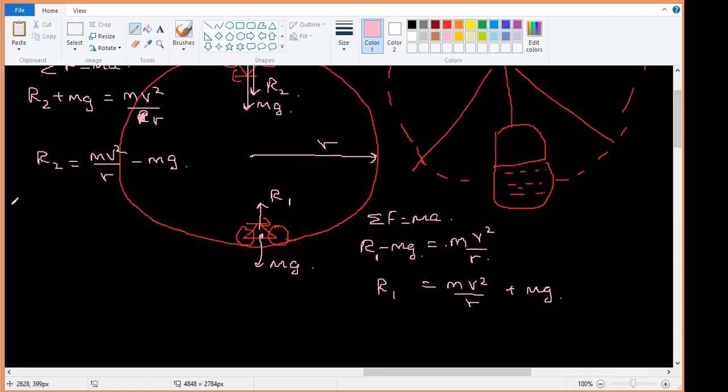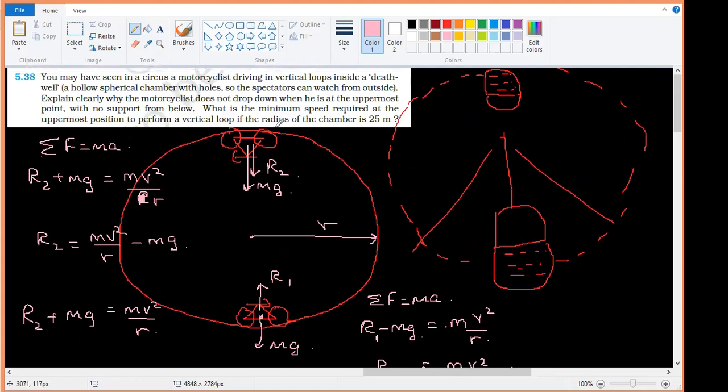So if I come back to this equation, R2 plus mg is equal to mv squared by r. So they are asking me to find, let's read the question.